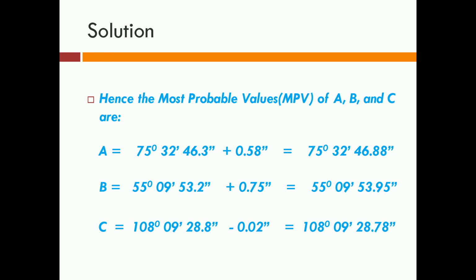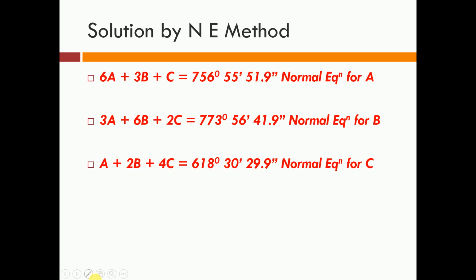If you try to form the normal equations for A, B and C without introducing K1, K2, that is by using the normal equation method, the direct method, then the normal equation for A will be this one. So here a large number is involved.